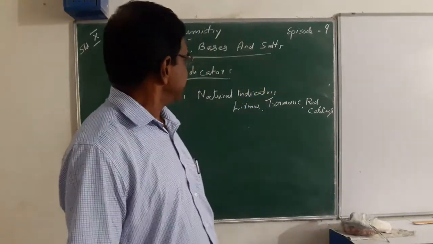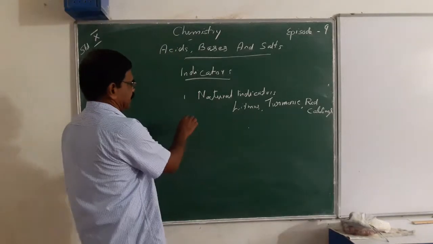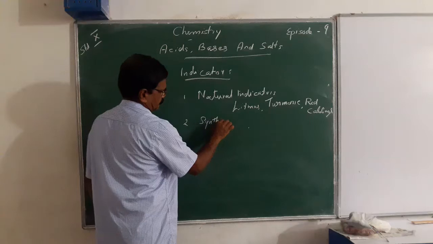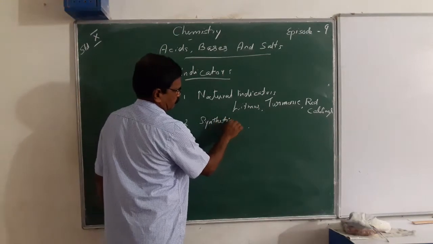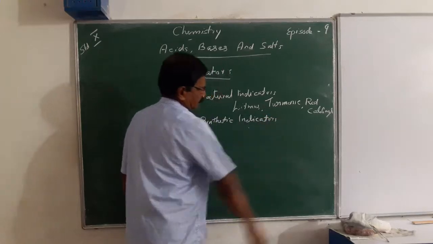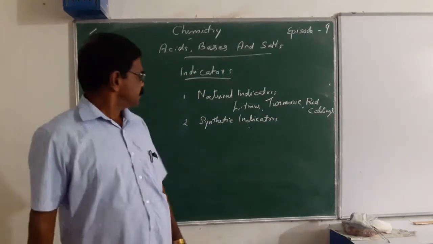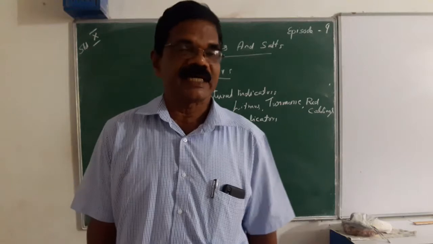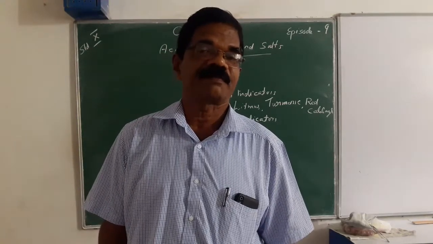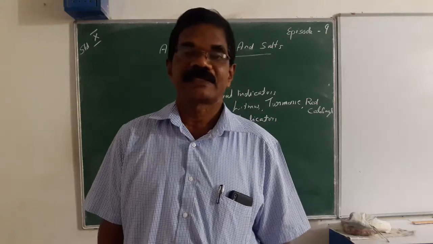Then the second type of indicator is synthetic indicators. Synthetic indicators are those which are produced in the laboratory. They are artificially prepared indicators, called synthetic indicators.